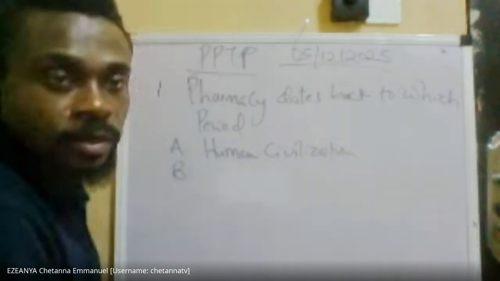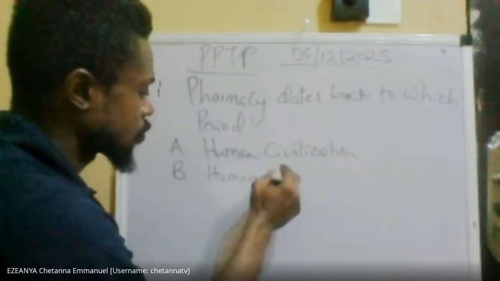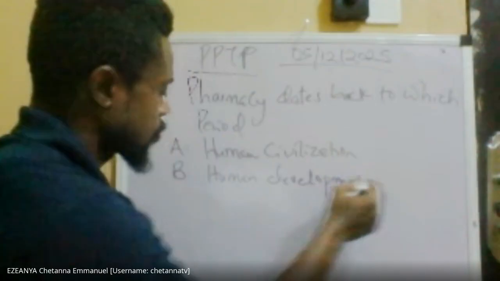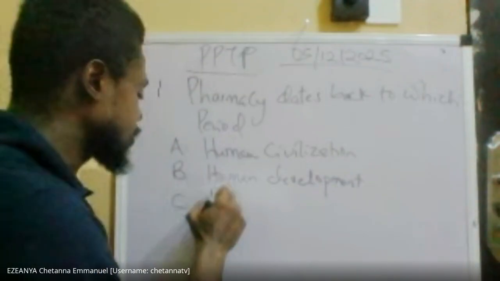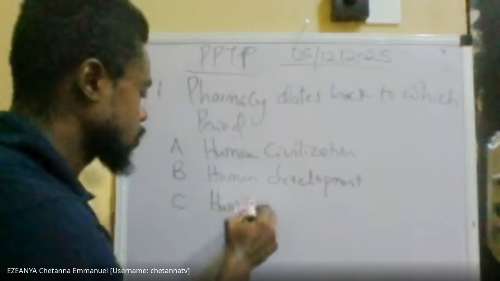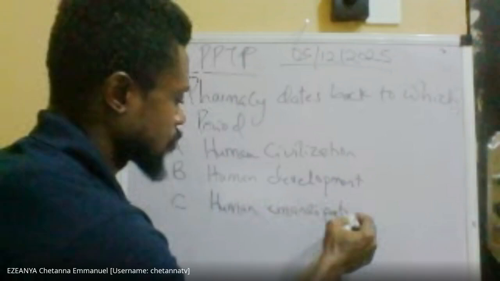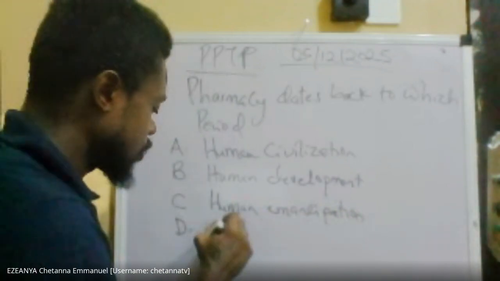B, human development. C, human emancipation. D, none of the above.